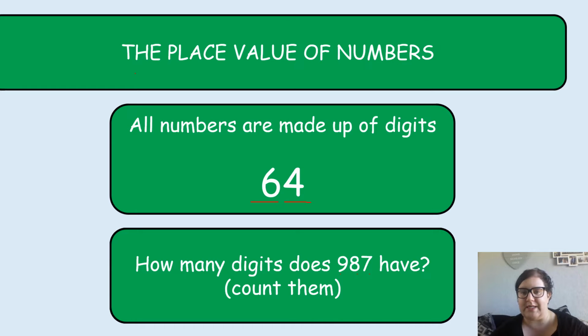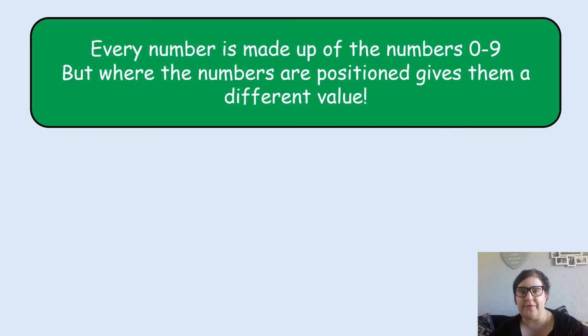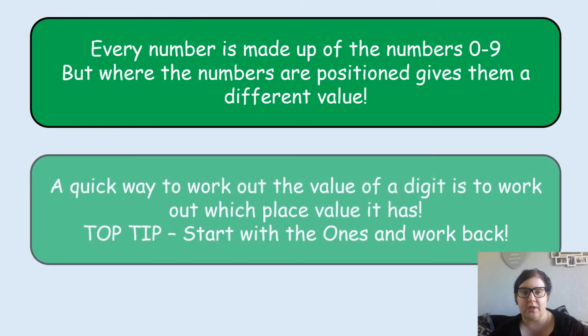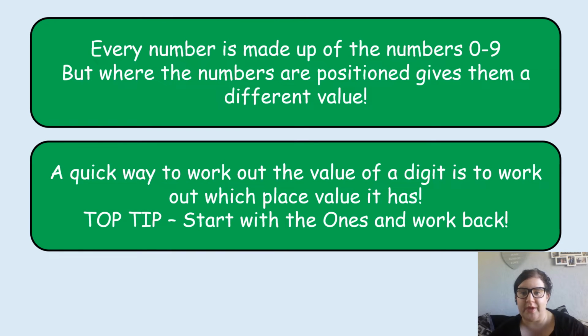987 has 3 digits. Every number is made up of the numbers 0 to 9, but where the numbers are positioned gives them a different value. A quick way to work out the value of a digit is to work out its place value. My top tip, start with the ones and work backwards.